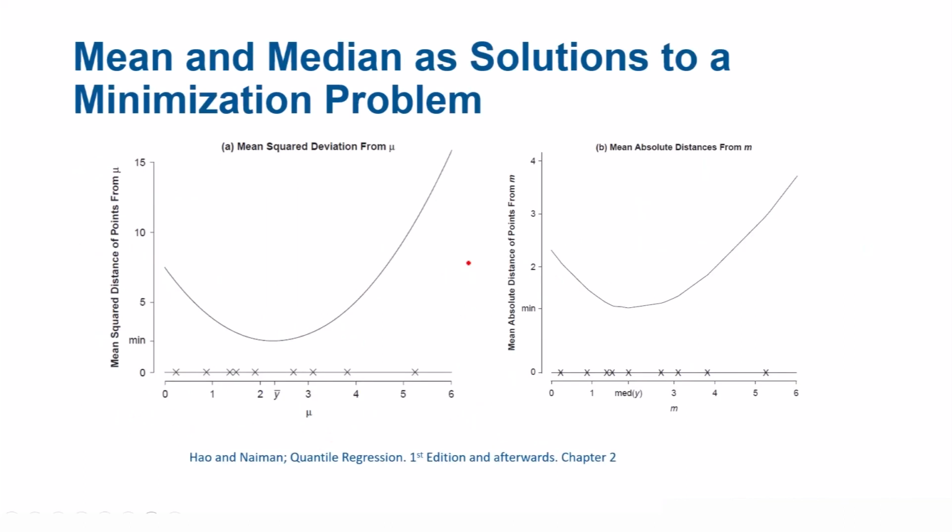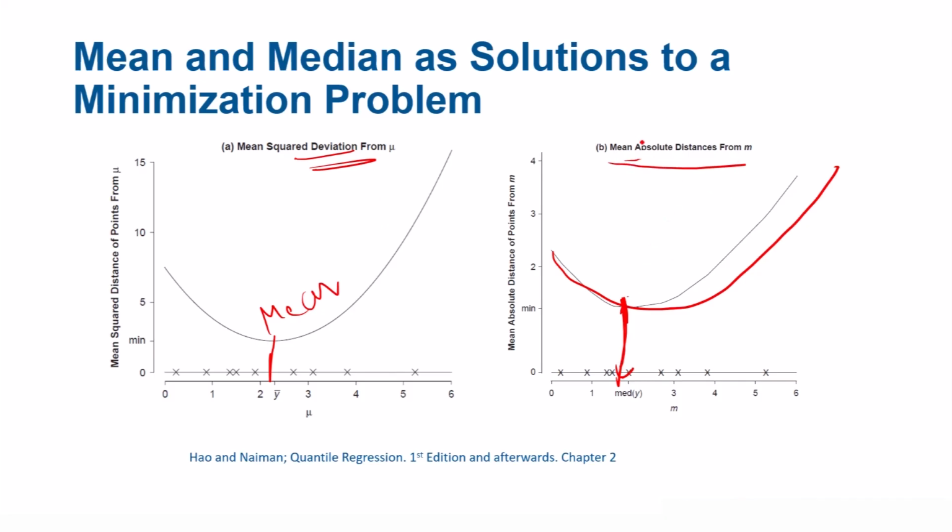If I show you in a diagram, if this is your univariate distribution and you have some center c from which absolute deviations are minimized, then you get the median. But if you minimize the square deviations, you get the mean. So this would be the mean when minimizing the square deviations, and this would be the median when minimizing the absolute deviation distances. This is the typical scheme to understand the mechanics and mathematics behind the quantile regression model as compared to the typical linear regression, which we call the ordinary least squares model.